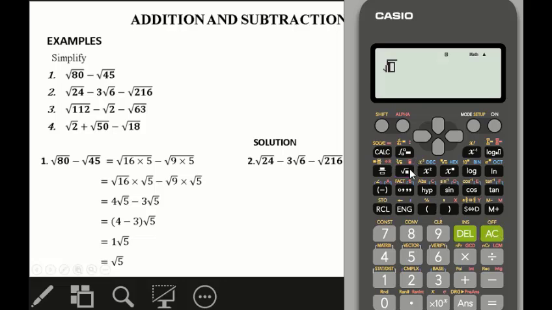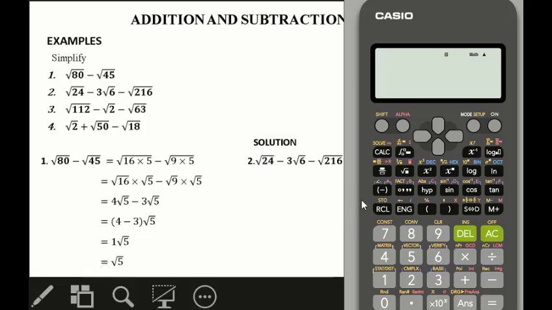So we have the root of 24 and that is giving us 2 root 6. So 2 root 6 means that if you multiply the 2 outside the root sign by another 2 again, we are going to get 4. So under our root sign, we are going to get the root of 4 times 6 for the 24, right?